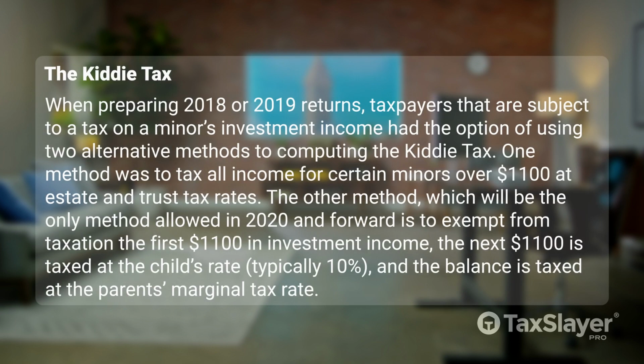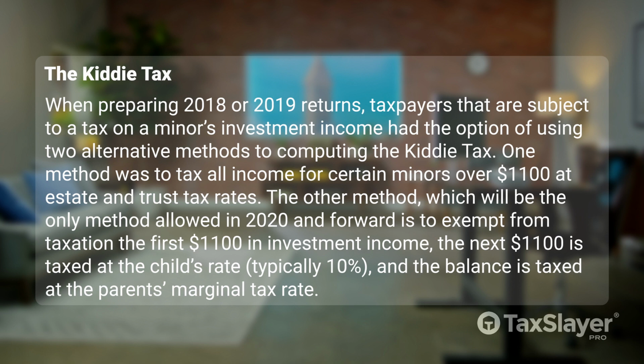When preparing 2018 or 2019 returns, taxpayers that are subject to a tax on a minor's investment income had the option of using two alternative methods to compute the kiddie tax. One method was to tax all income for certain minors over $1,100 at estate and trust tax rates.